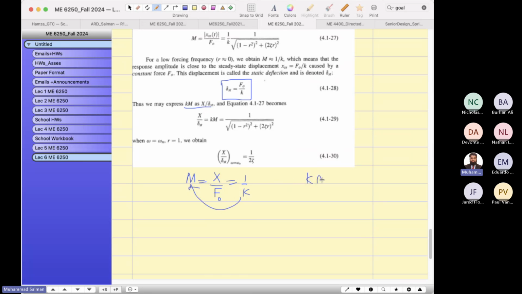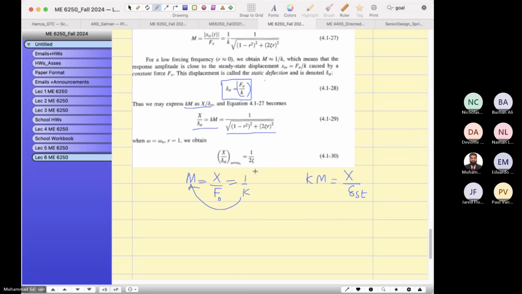So Km equals to F over K. So this is just a rearrangement. I think you can easily understand this one is equal to this, and then this is equal to this.